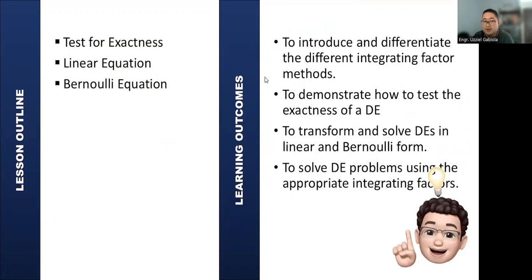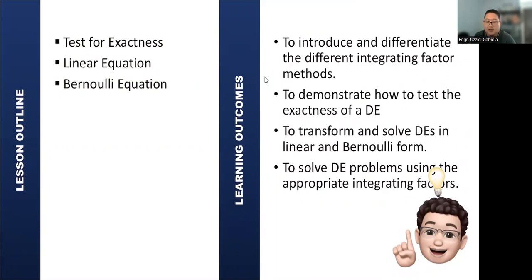Bernoulli and linear are somehow connected, similar to our homogeneous equation: once you satisfy the general form, the next solution is also a linear equation. Just like in homogeneous, after we identify that it is a homogeneous function, the next step is separation of variables. It is the same for Bernoulli and linear, which is why I combined them in the discussion.